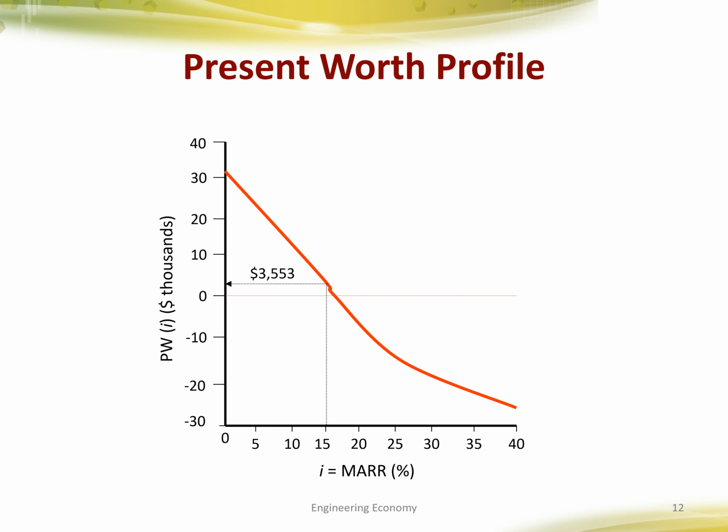And this particular interest rate you choose is also called minimum attractive rate of return, MARR. You specify a value, MARR, meaning that you are using a certain interest rate as a basis for evaluating your investment opportunities.